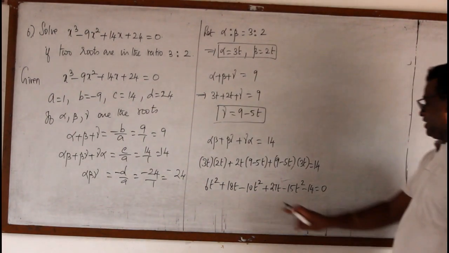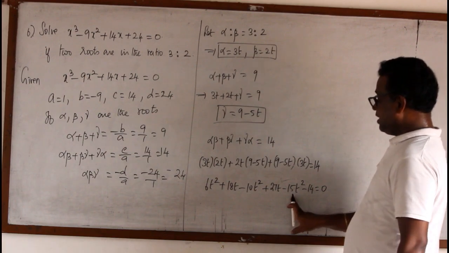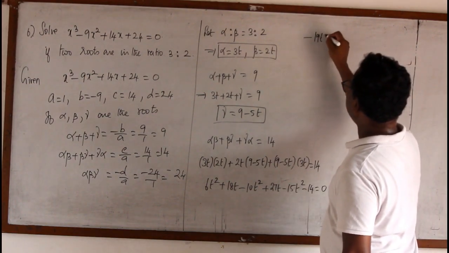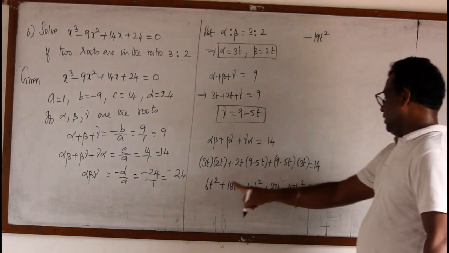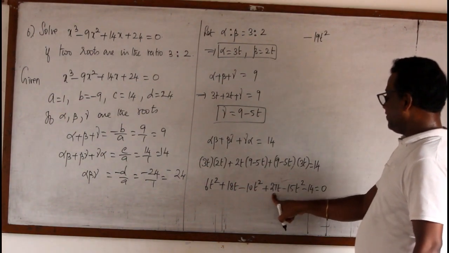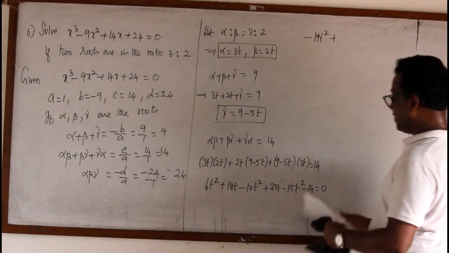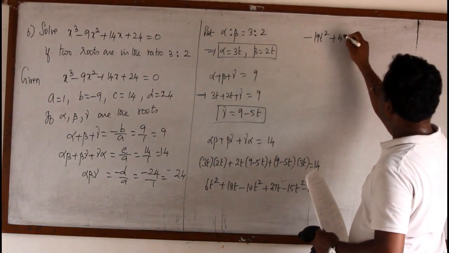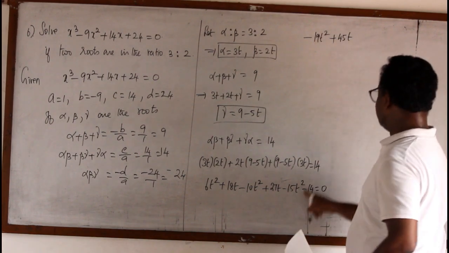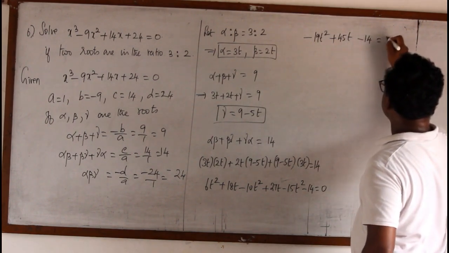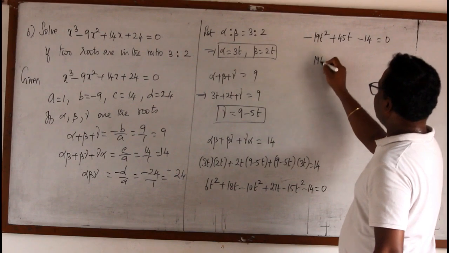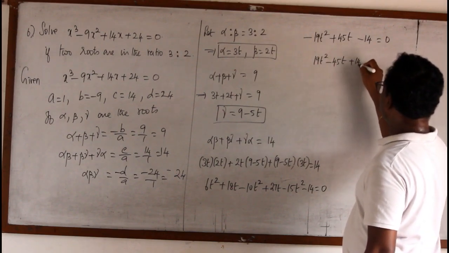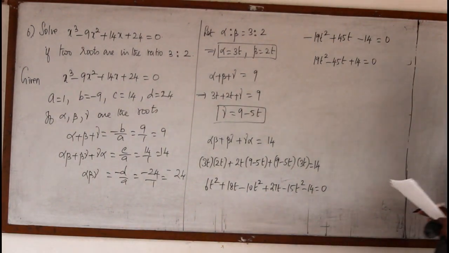We shall collect the terms. Minus 10 minus 15 plus 6 is minus 19t square. 18t plus 27t is 45t, then minus 14 equal to 0. That is 19t square minus 45t plus 14 equal to 0, taking the minus sign, which is a quadratic equation in t.